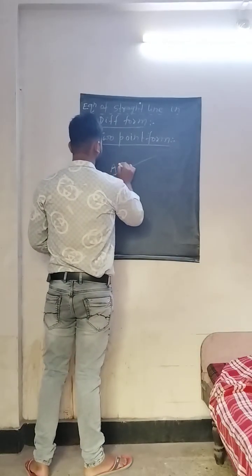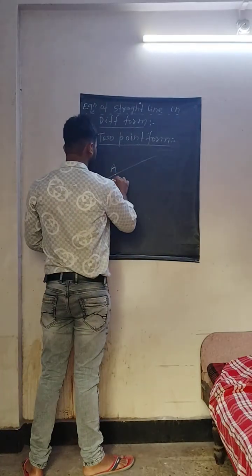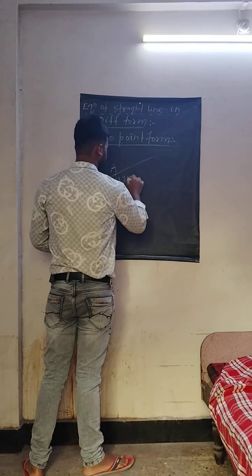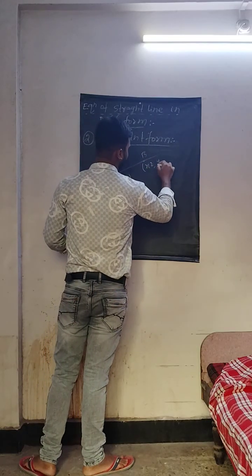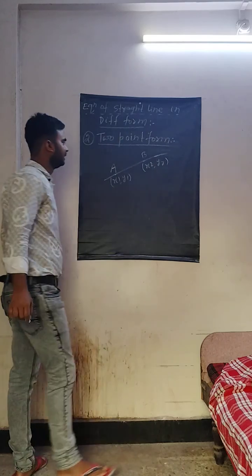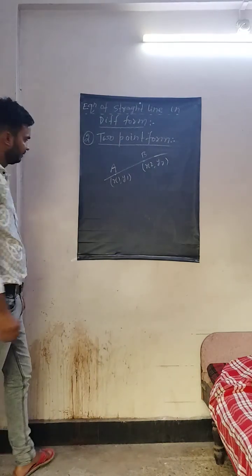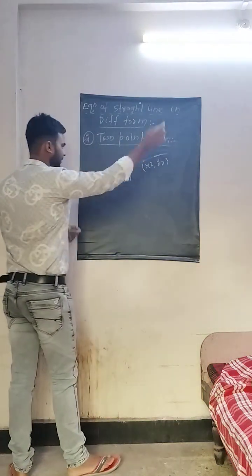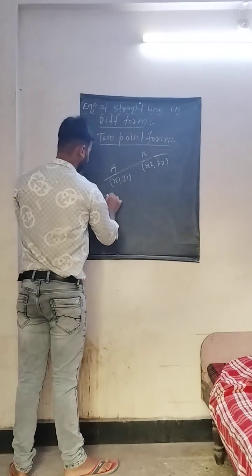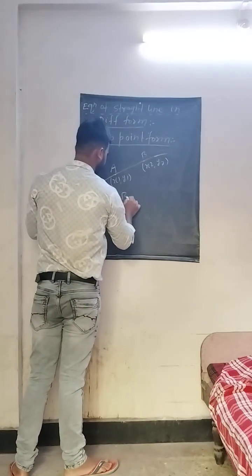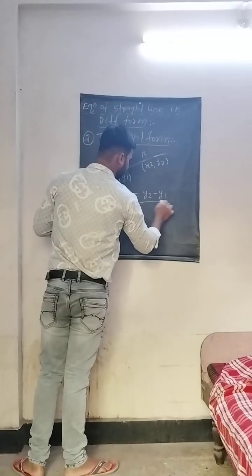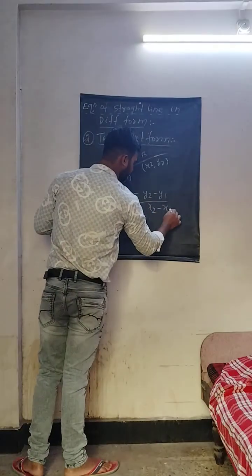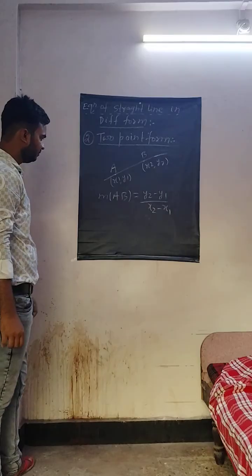We have a straight line passing through two points, point A (x1, y1) and point B (x2, y2). In two point form, first of all, I can find the slope of line AB by using these two points. M of AB is (y2 minus y1) divided by (x2 minus x1), right?